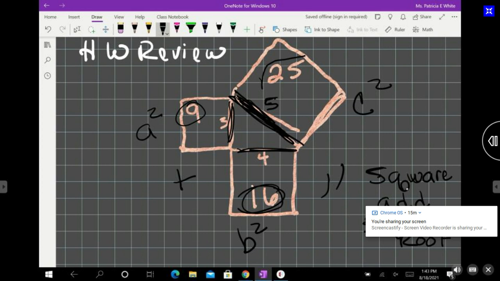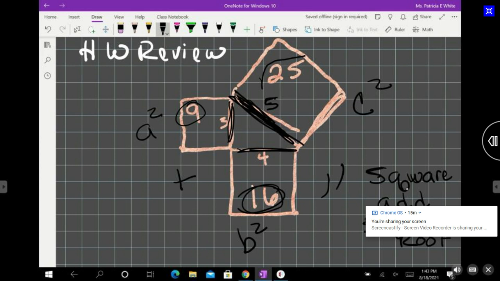Three steps to these problems. Square the numbers. What does it mean to square them? Multiply them by 2? Add them up? What does it mean to square these numbers? Not adding.